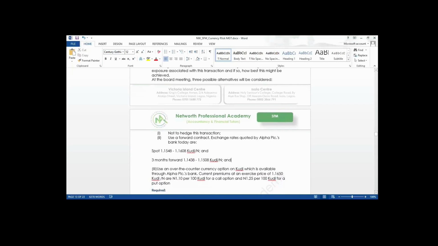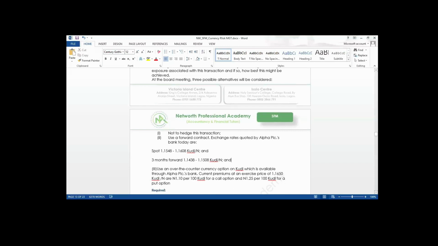Alternative 3. Use an over-the-counter currency option. An option on kudi, which is available through Alpha PSC Bank.